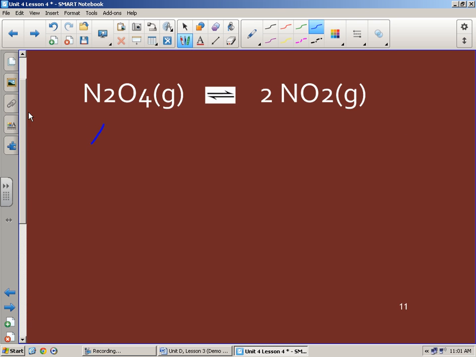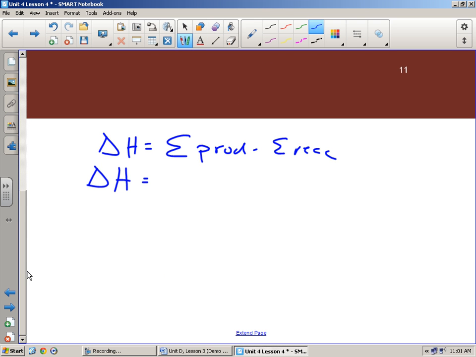So I had NO2, that's nitrogen dioxide. So I'm going to go 2 times NO2 for the products. NO2, nitrogen dioxide, is a positive 33.2 kilojoules per mole. And I got 2 of them according to this equation. That's my product side.